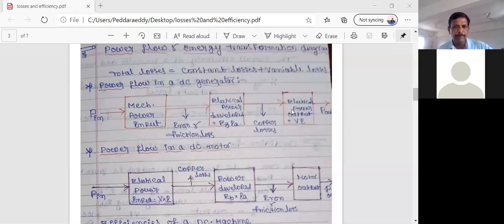Output by input means electrical power output by electrical power developed into 100, we get electrical efficiency. What about mechanical efficiency with the help of the block diagram? Here in this block diagram, this is the mechanical input and this is the output. Compared to these two, this is the input and this is the output.